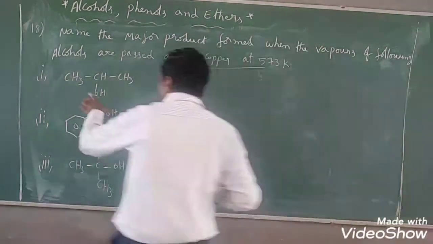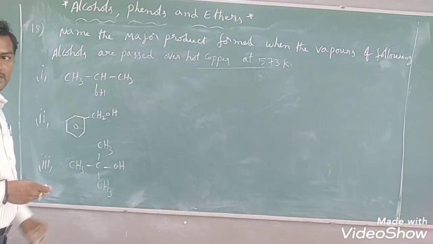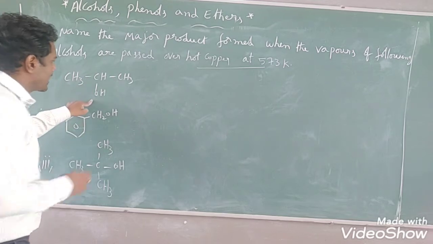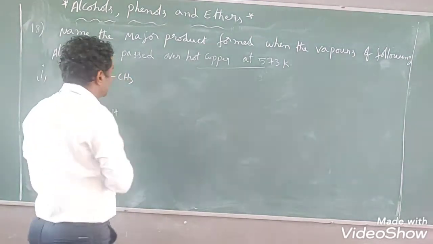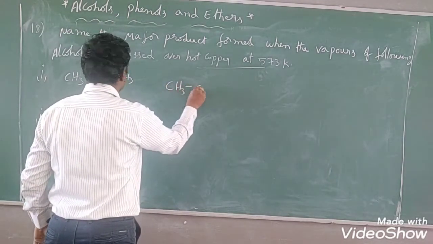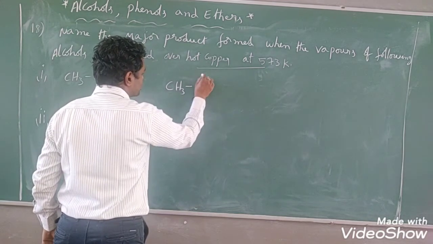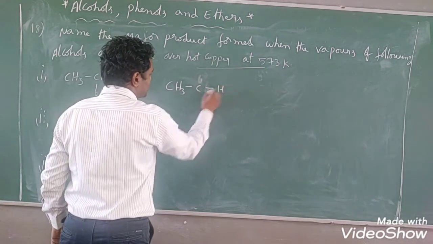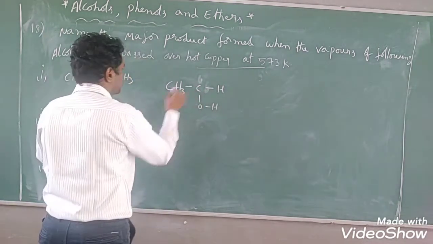We will see that. For example, if you observe the first question, that is CH3 CHOH CH3, right? This is a secondary alcohol. Whenever a secondary alcohol is treated with copper at 573 Kelvin, what will happen? For easy understanding, I am writing it like this: CH3 CHOH CH3.